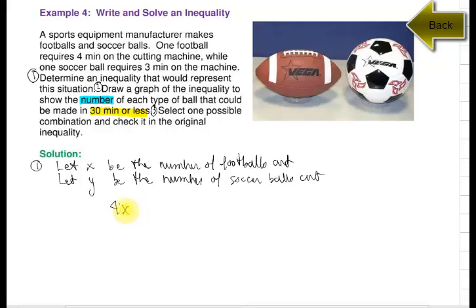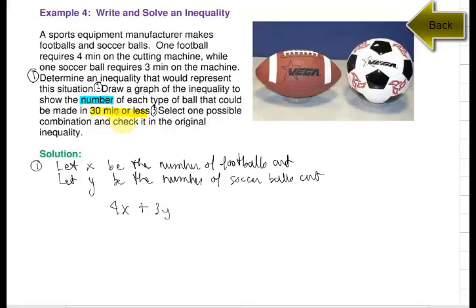The number of footballs times the amount of time it takes to cut one. And to that we're going to add the number of soccer balls that we could cut, knowing that each one of them takes 3 minutes. So that would be 3 times y, the number of soccer balls times the time.